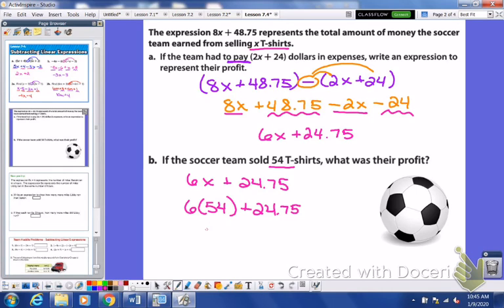And 6 times 54 is 324 plus $24.75. We go ahead and add those. Get $348.75. All right, that's the last problem for me to do for you.